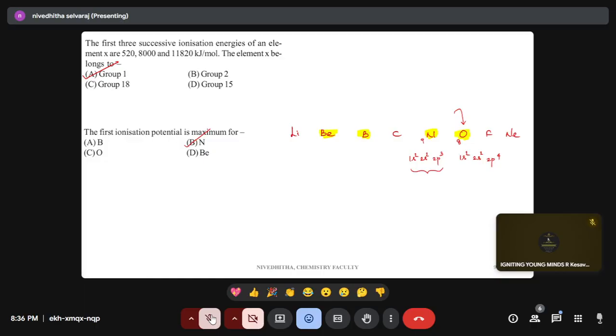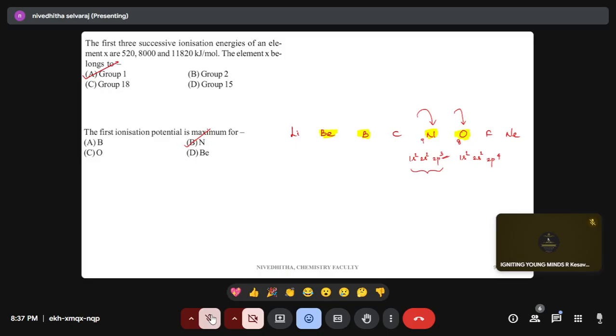Whenever we are encountering this kind of half-filled or completely filled configuration, they are considered to be the most stable one. So removing electron from this most stable configuration is really difficult. So we have to supply more amount of energy to remove the same. So though oxygen got highest effective nuclear charge, nitrogen will have the highest ionization energy because of its half-filled configuration.